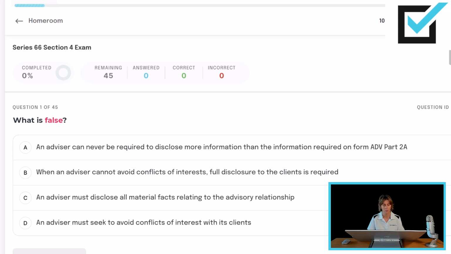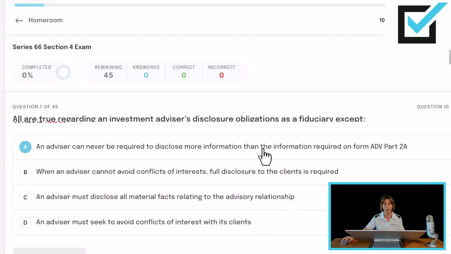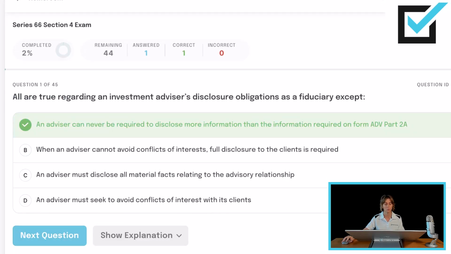That is true. An advisor must disclose all material facts relating to the advisory relationship. That is also true. An advisor must seek to avoid conflicts of interest with its clients. That is true, but they are allowed so long as they are disclosed. So this is the false statement. So it's right because it's wrong.